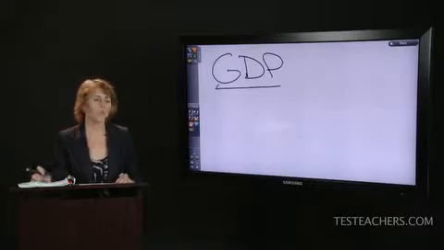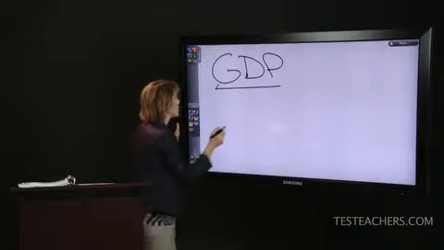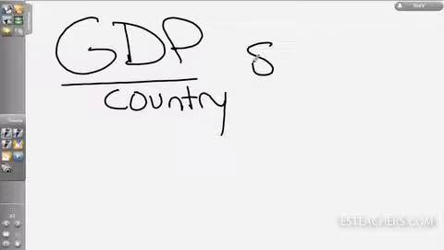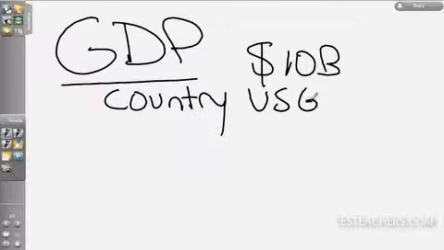The value of the goods and services produced in the state of Georgia are included within the United States GDP. So gross domestic product, the value of goods and services produced within a country. Within a country. So this, let's say, $10 billion produced in Georgia is here in the United States GDP.